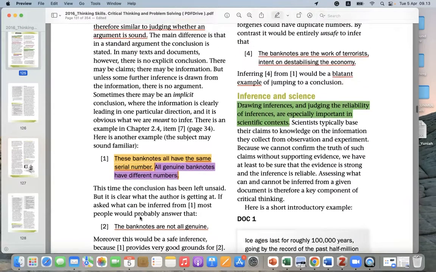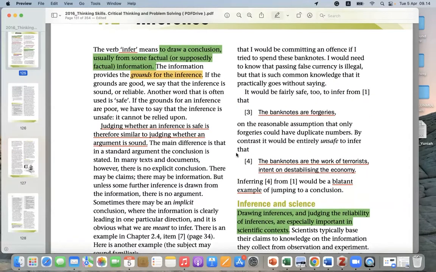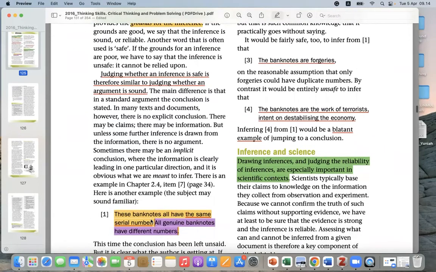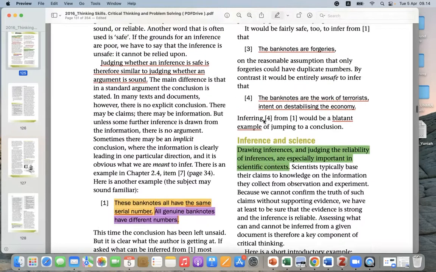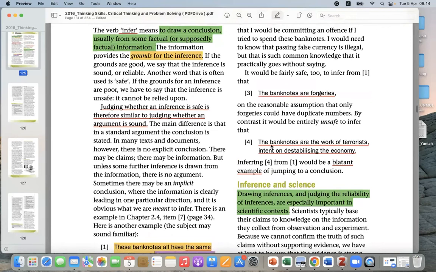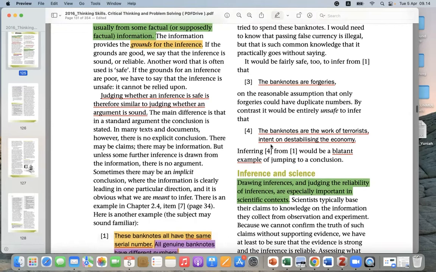So there is also something that you can take as a conclusion from number one, by saying number three, right? The banknotes are forgeries. These are the two inferences from number one, number two and number three, but number four is not a good example of good inference. Okay.